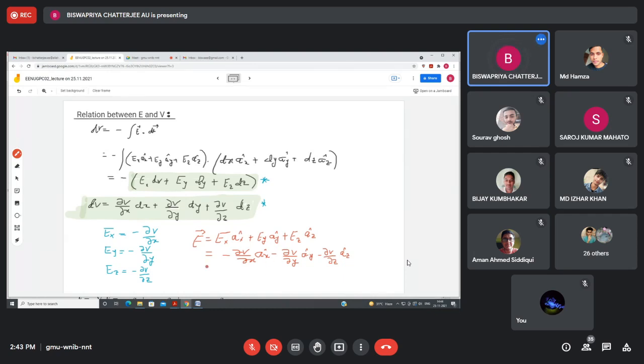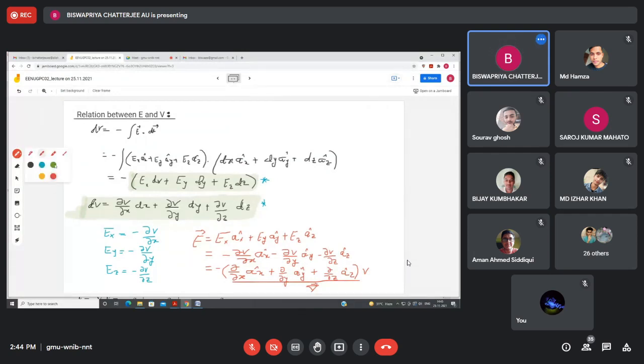If you take this V outside, then this equation will look like del del x ax cap plus del del y ay cap plus del del z az cap into V. Now this thing you can treat as del, that is the grad operator.